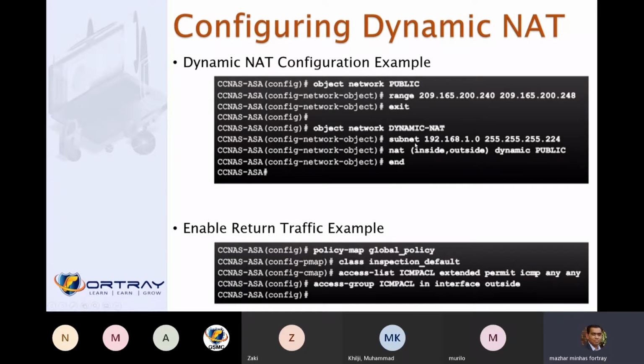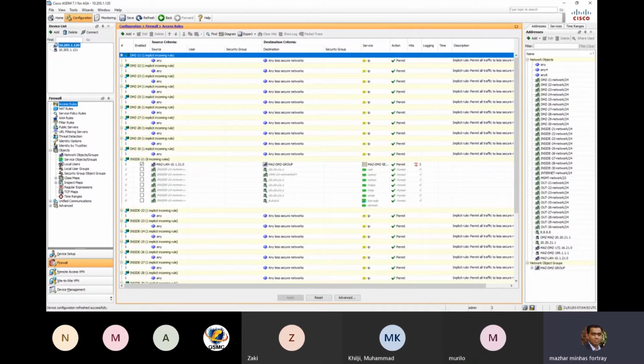Now we can go into the objects and say NAT inside, outside, dynamic, public. First of all, we created an object for the private IP and public IP, and then we created another network with the private range you have, and then we refer to our objects here. Let me just show you. It's very simple.